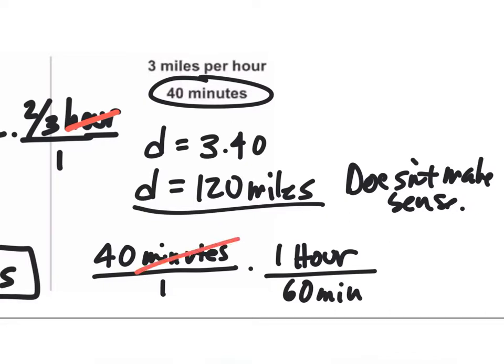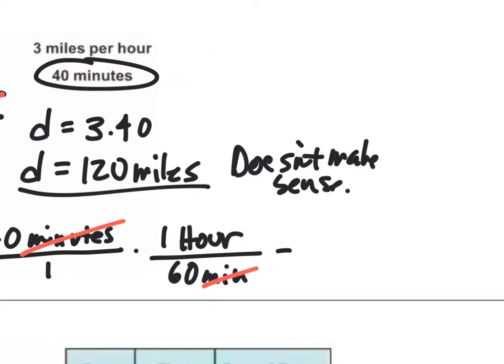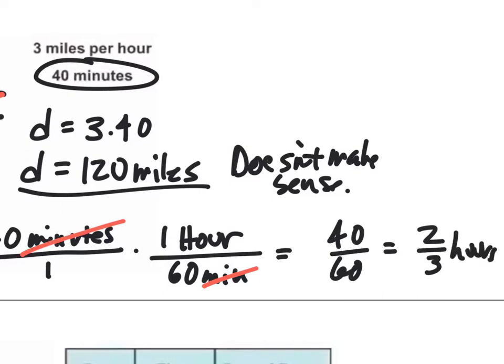My minutes divide out, and you're left with 40 over 60, which simplifies down to 2/3 hours.